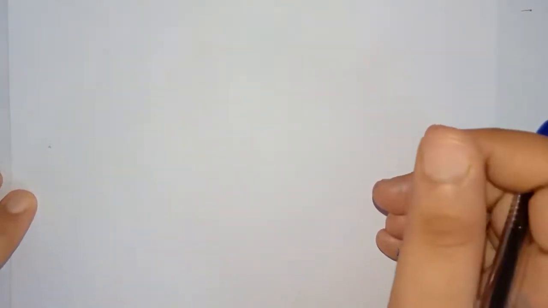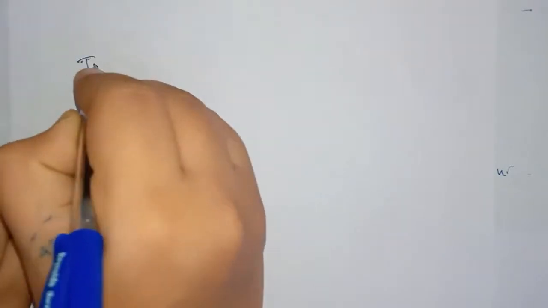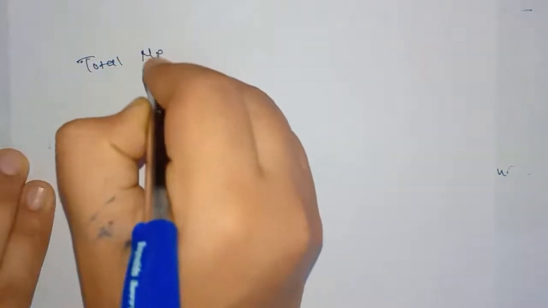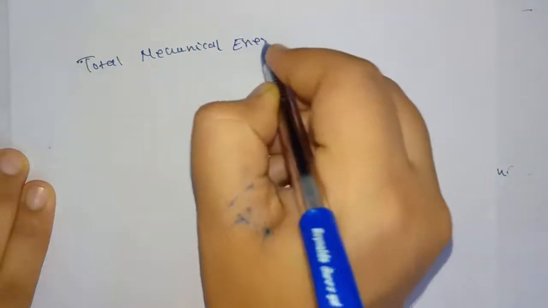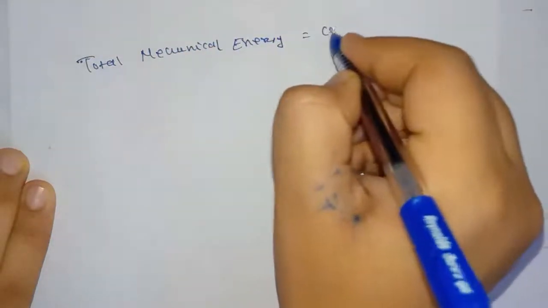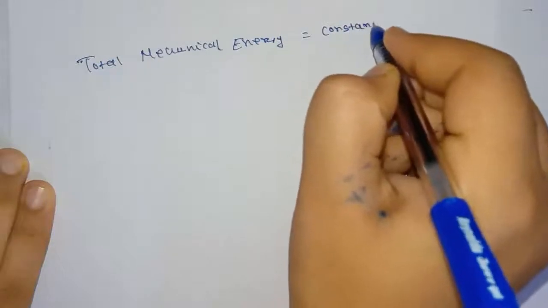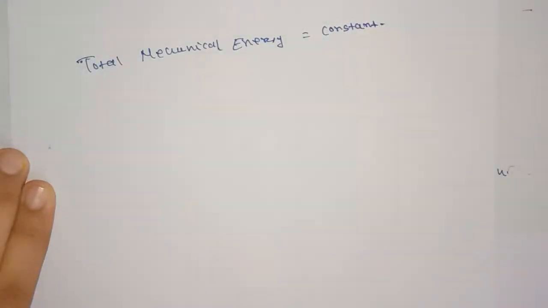So till now, whatever oscillations or whatever SHM motion we have considered, in that we were not considering any dissipative forces. That means the total mechanical energy is always conserved, that is always constant.